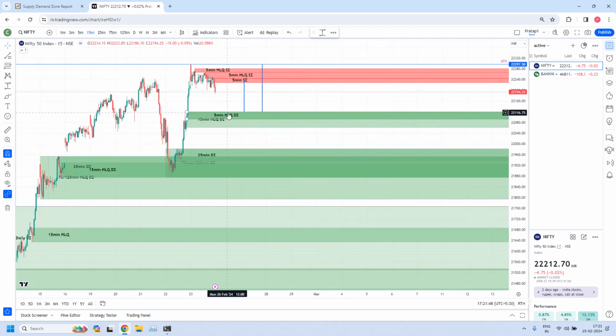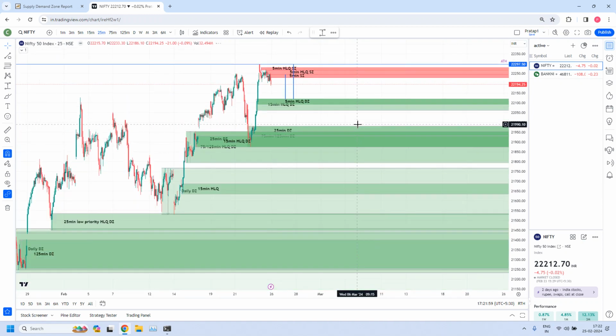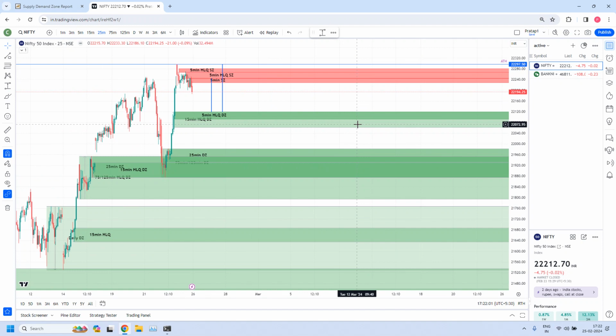If the 15 minutes high liquidity is not holding, who will be holding next? The 25 minutes high liquidity will be holding the prices. Now move on to 25 minutes. So where is the 25 minutes nearest high liquidity zone? There is a 25 minutes demand zone, but that is not high liquidity.